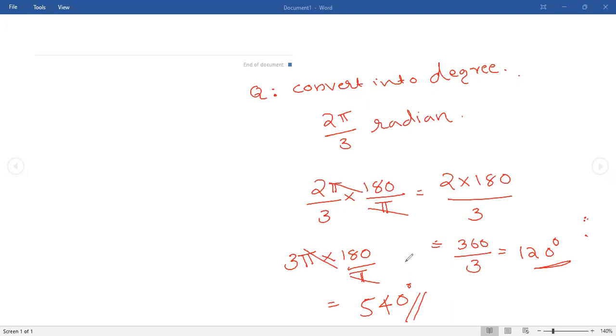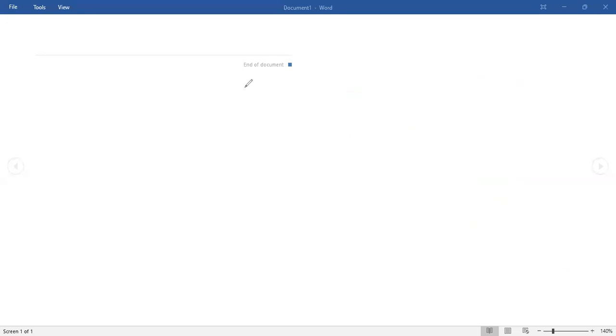So we have converted degree into radian and radian into degree. I hope it is clear for you all. Now just note down what I am telling you.